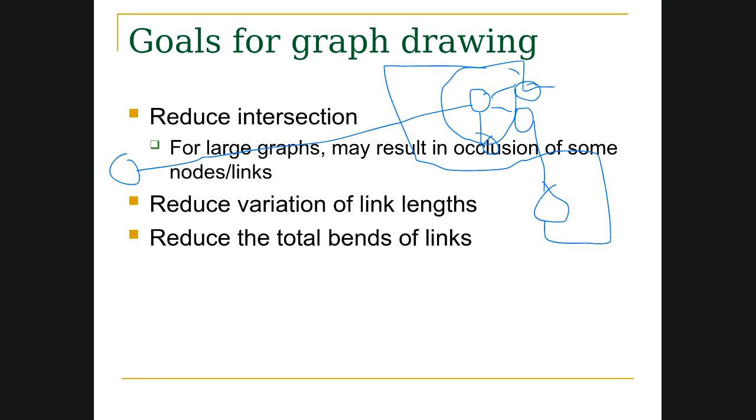Sometimes they're slightly curved, but if they're all curved exactly the same way, then it's easy to follow. But if the curving varies, then it's just going to be hard. So these are the three goals. If you're able to maximize all of these, then you should have a graph that's easier to understand than when these are violated.